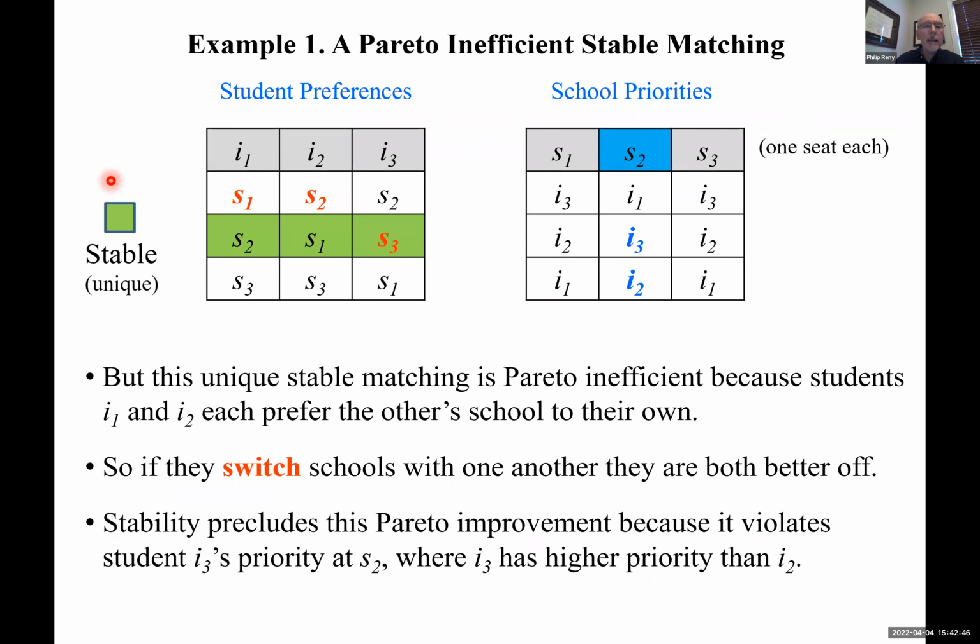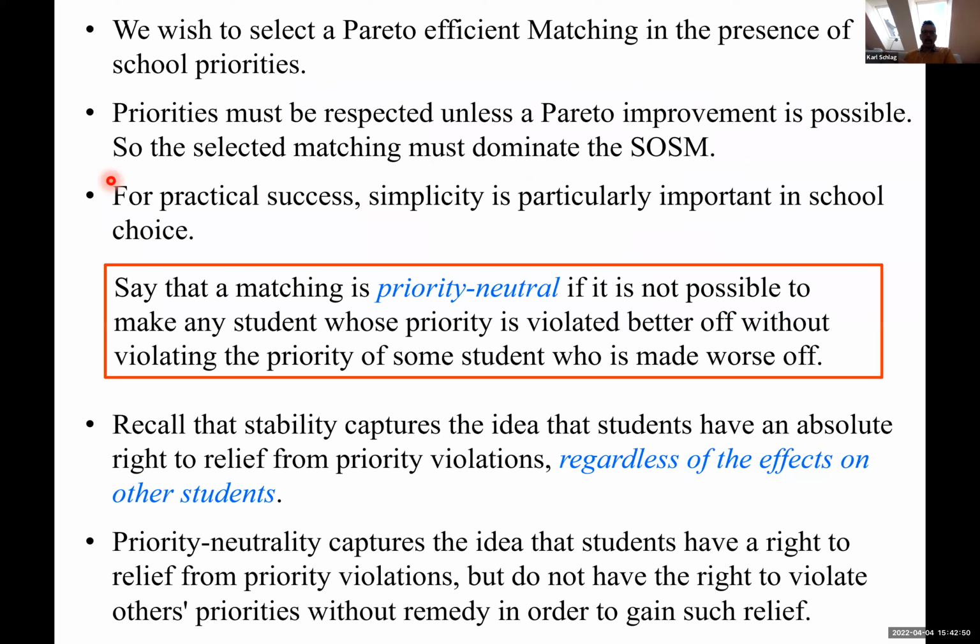Let's go back to this example. Bill, I have a question about priority neutrality. Can you tell me a little bit about those being worse off? It doesn't matter how much worse off they are. I'm doing what this literature does: we have these ordinal rankings, and that's the only information we have.